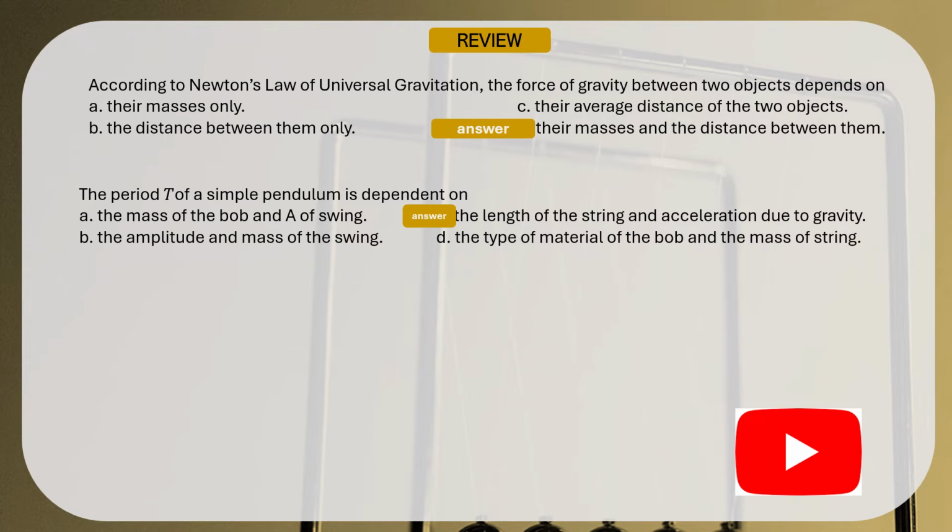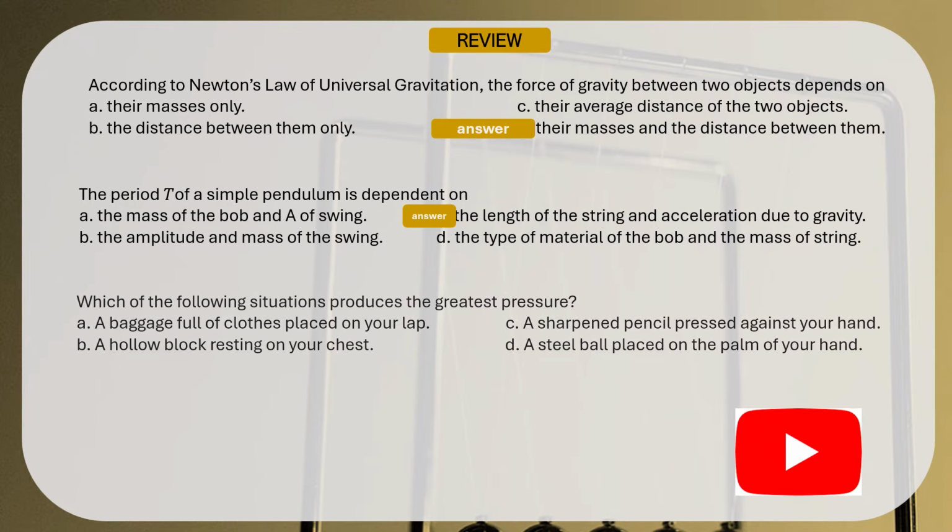I discussed the period in terms of SHM, but I never discussed the pendulum, only the restoring force in terms of a spring. So the period of a simple pendulum is always dependent on the length of the string of that pendulum and the acceleration due to gravity.